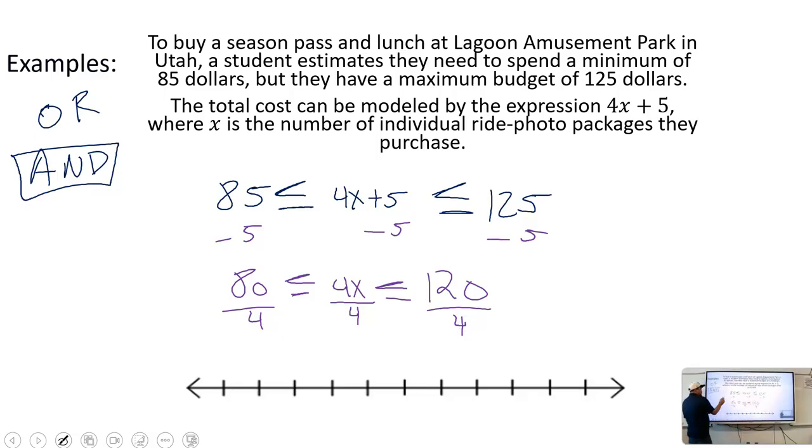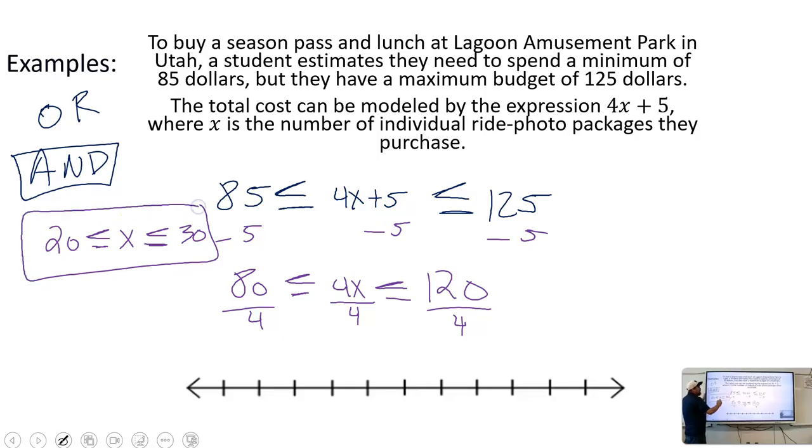And I'm going to come over here because I ran out of room. 20 is less than or equal to x is less than or equal to 120 divided by 4 is, oh man, 10, 20, 30. Took me a second to figure that out. All right, so here is my inequality right here. So that means I can purchase anywhere between 20 to 30 pictures.